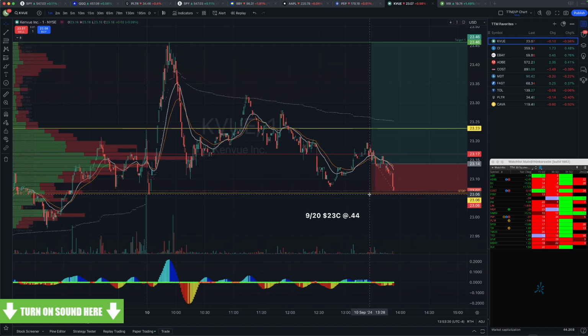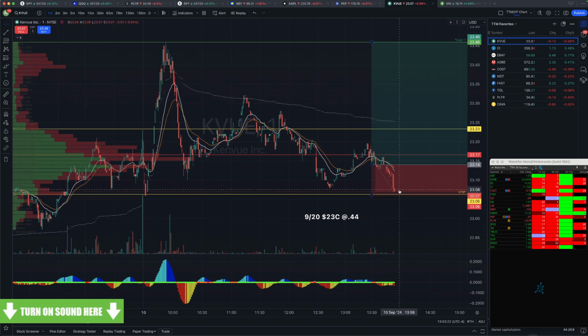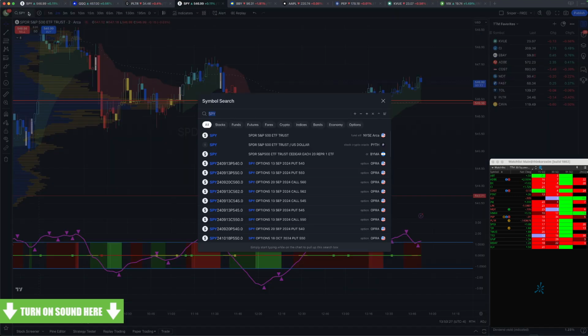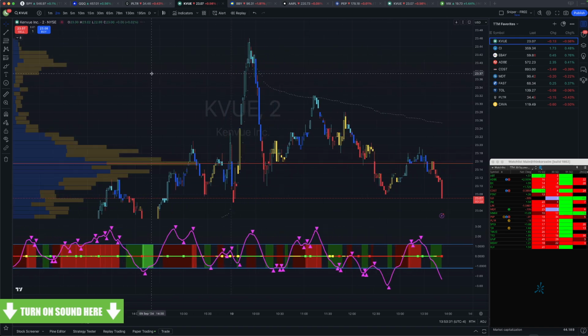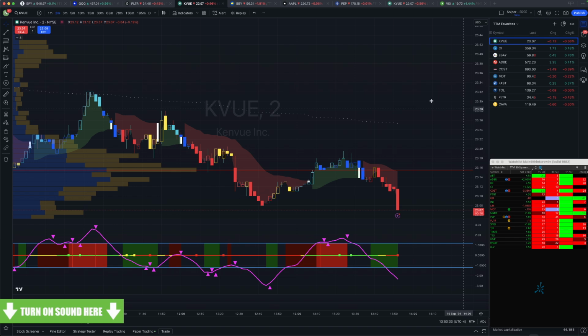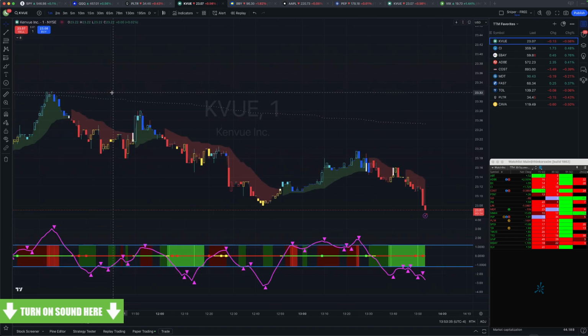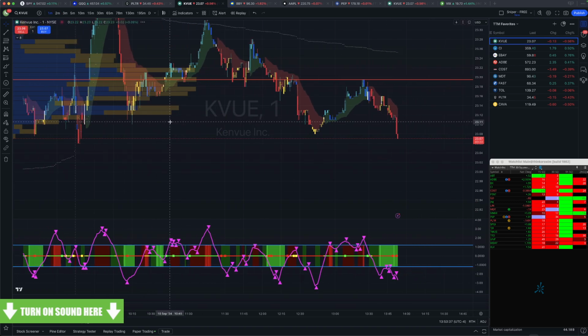Okay, this is where a sniper type trade could come in. So you could come into the spot, your sniper chart. You could say, okay, I'm looking for a level in which I'm going to see a reversal right here.